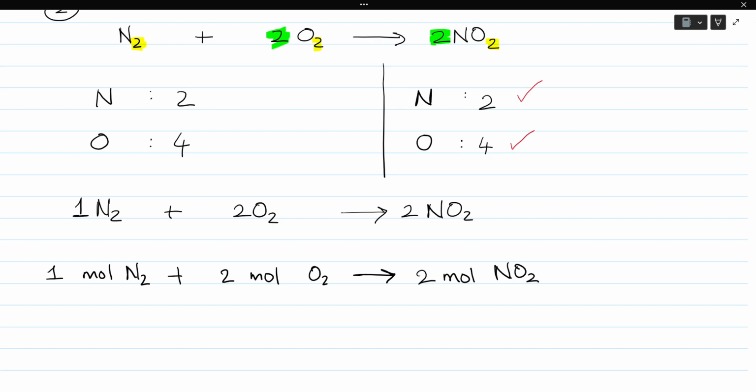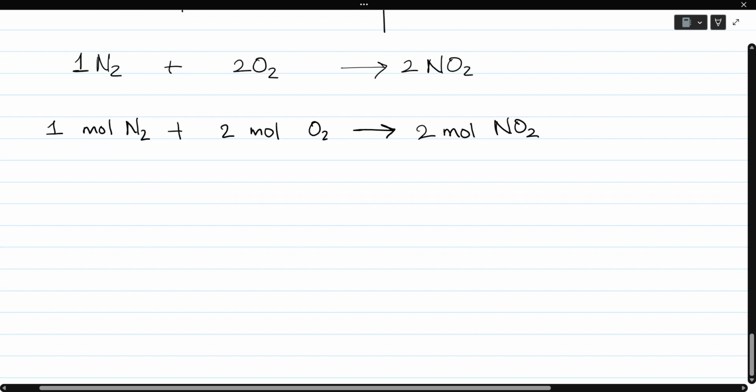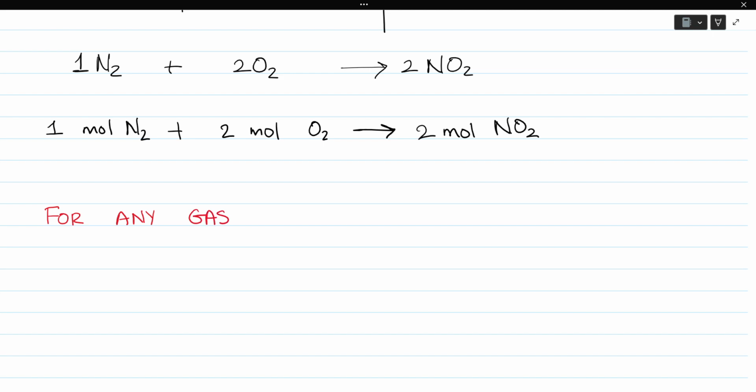The last thing we're going to quickly go over before we look at how to balance chemical equations is another important formula. This is a formula for any gas at standard temperature and pressure. That means you can only apply this formula when you have STP.